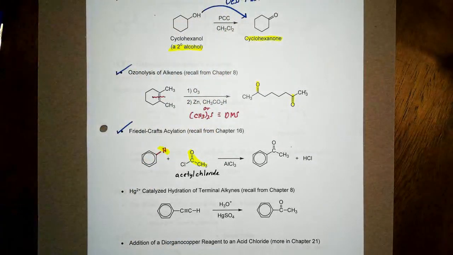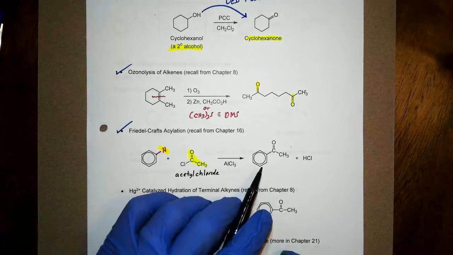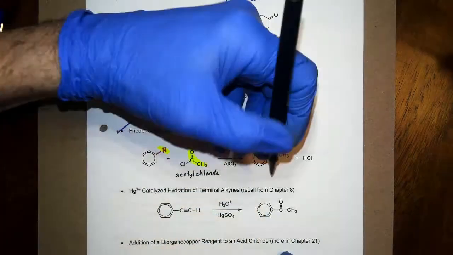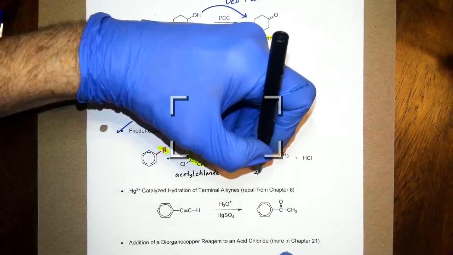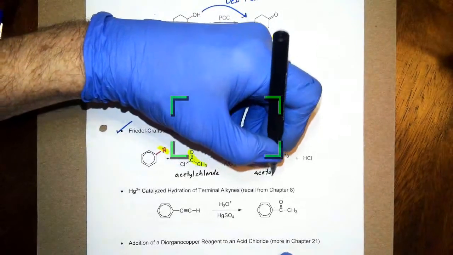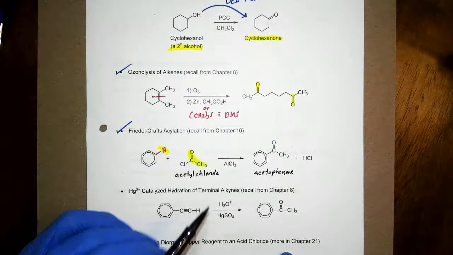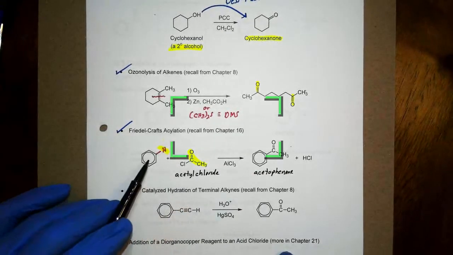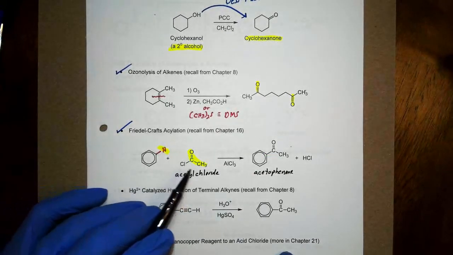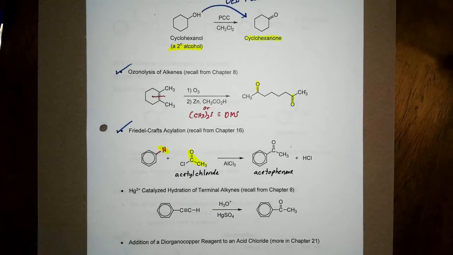So what do we end up with? This is one of those that I wanted you to commit to memory. This is acetophenone. So what's a good way to make acetophenone? Benzene plus acetyl chloride with catalytic aluminum chloride, Friedel-Crafts.